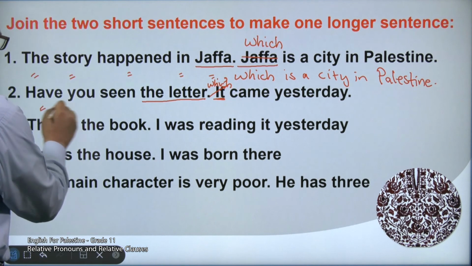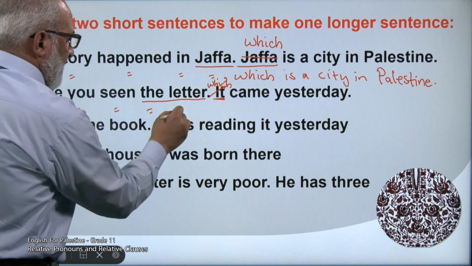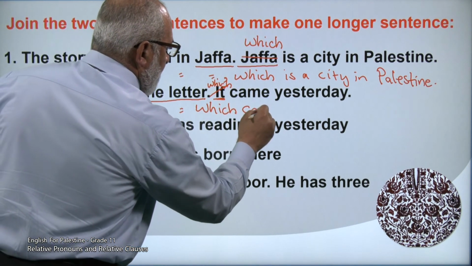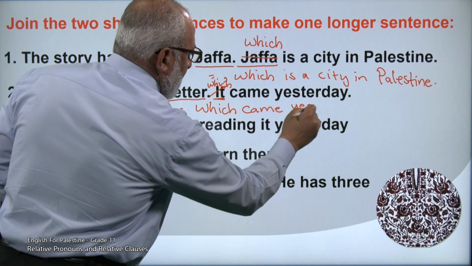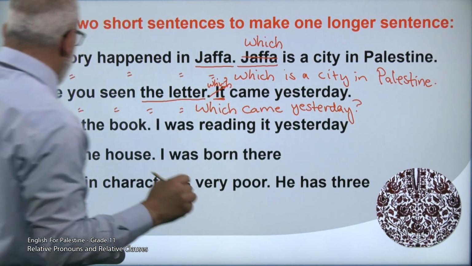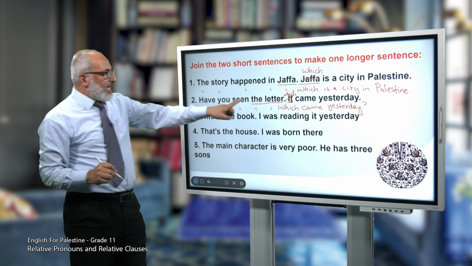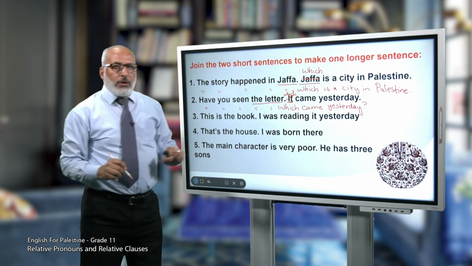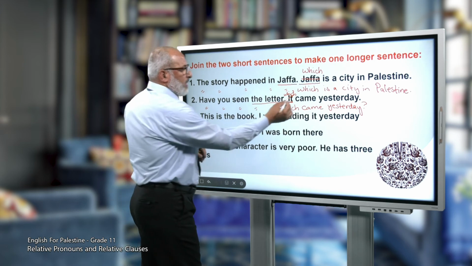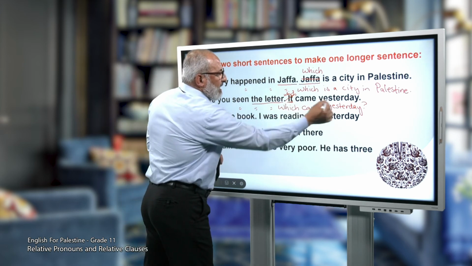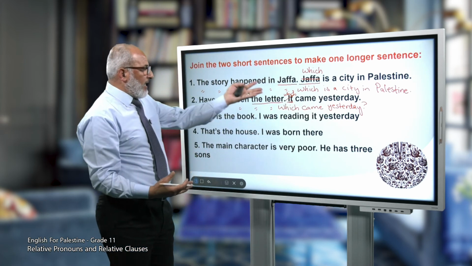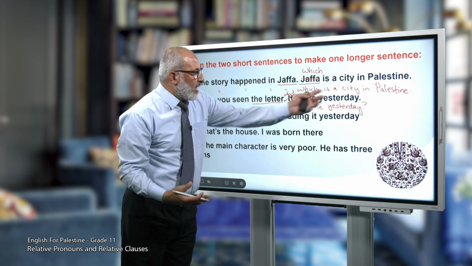So it becomes, have you seen the letter which came yesterday? Okay, this is a question. Is it defining relative clause or non-defining relative clause? Yes, it is defining because it adds here important information about the letter. Which letter? The letter which came yesterday.